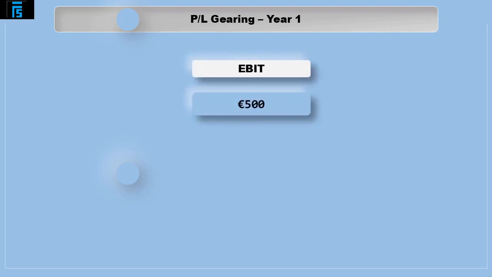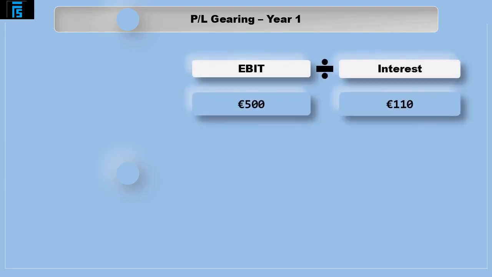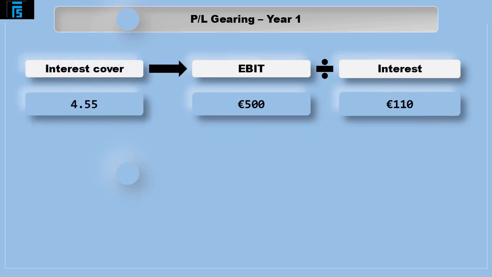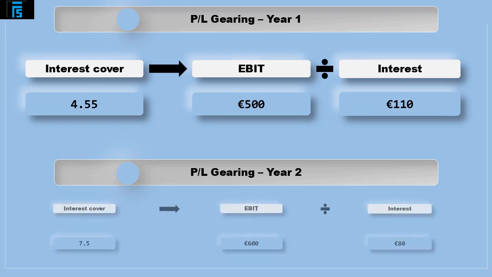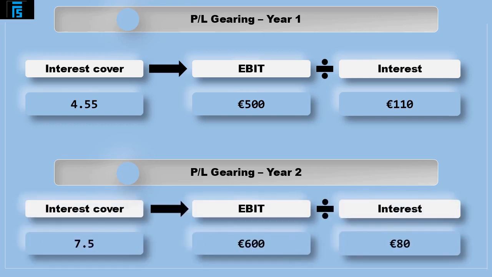So, for year 1, we divide the profit before tax figure of €500 by interest of €110 to reveal a result of 4.55. The same ratio computed in respect of the second year comes in at 7.5, which is a sign that the company's potential to service its interest payments increased over the period analyzed.